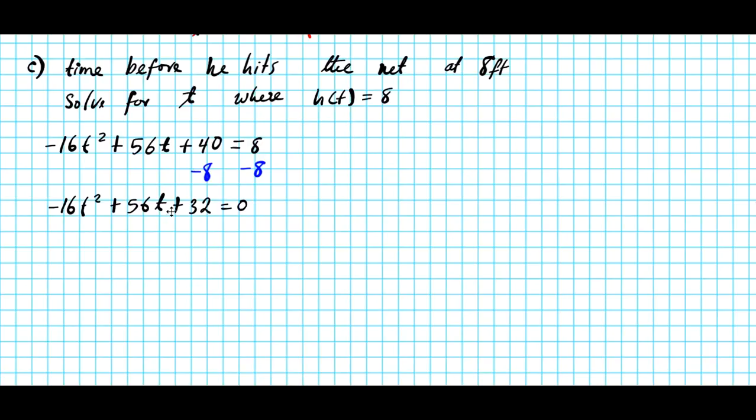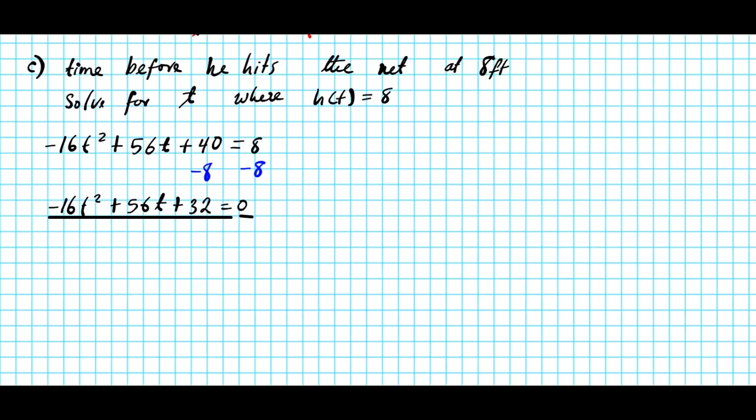Now when we are solving quadratic equations, if at all possible, it is beneficial to reduce the equation to its simplest form. So the question is, is there a greatest common factor that I can divide the entire equation by to reduce this equation to its simplest form? And the answer is yes. 8 is a common factor of 16, 56, and 32. That is the greatest common factor.